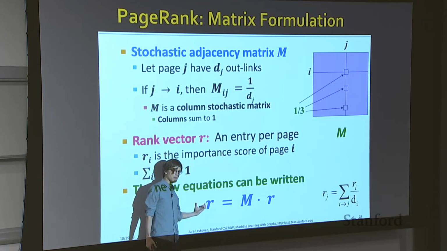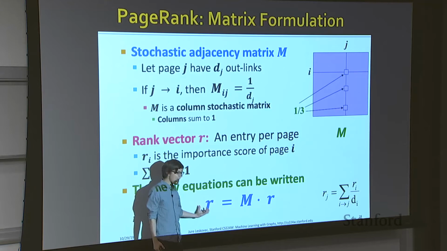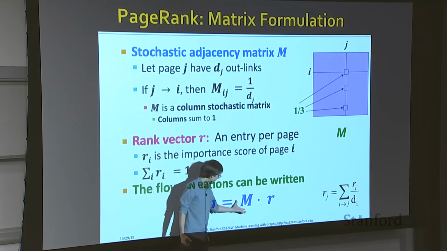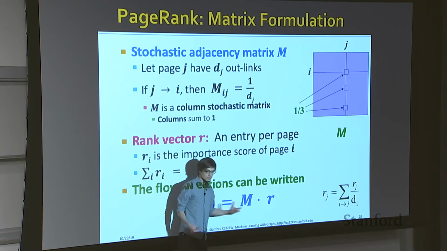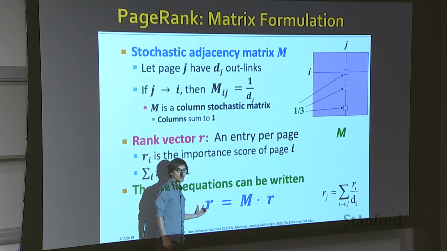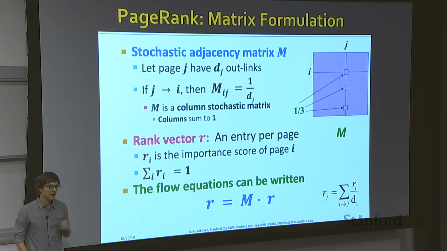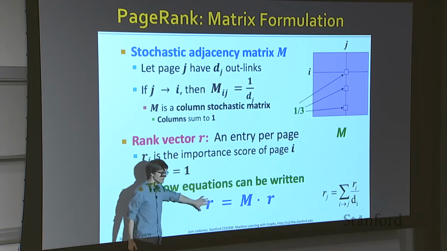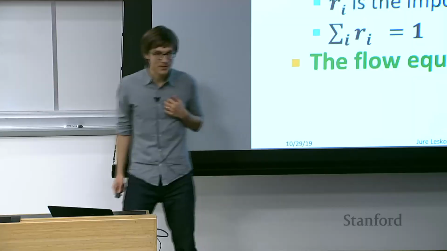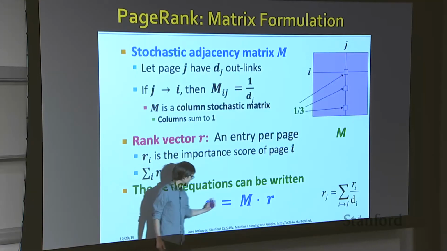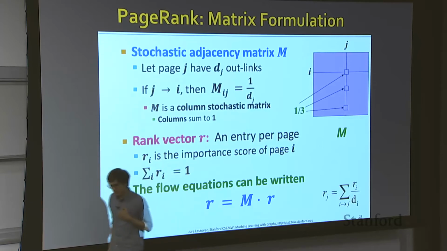I don't have it anymore, because this means that now the solution, my PageRank vector, will be the eigenvector that corresponds to the eigenvalue of 1 of this matrix, right? This is a bit of a preview of what's happening. That's why I was saying that this is the most beautiful kind of linear algebra algorithm, right? So this is a recursive equation because I have r on both ends.